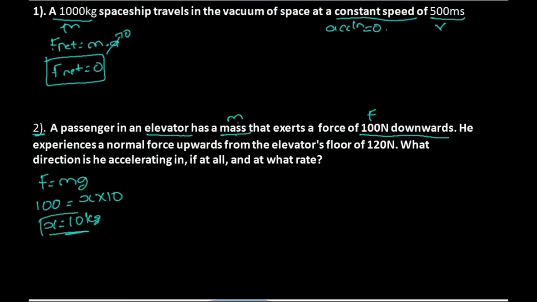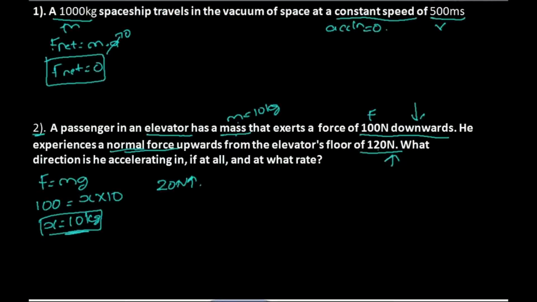This is the first finding. The 100 Newton is the downward force, and the normal force from the elevator's floor is upward 120 Newton. 120 minus 100, so 20 Newton force is acting in the upward direction.